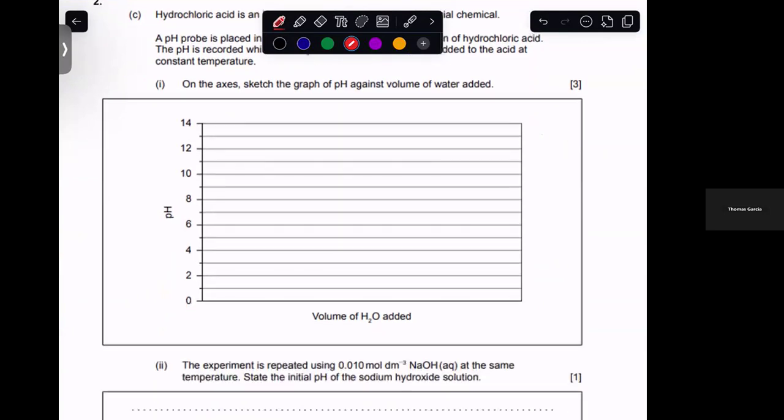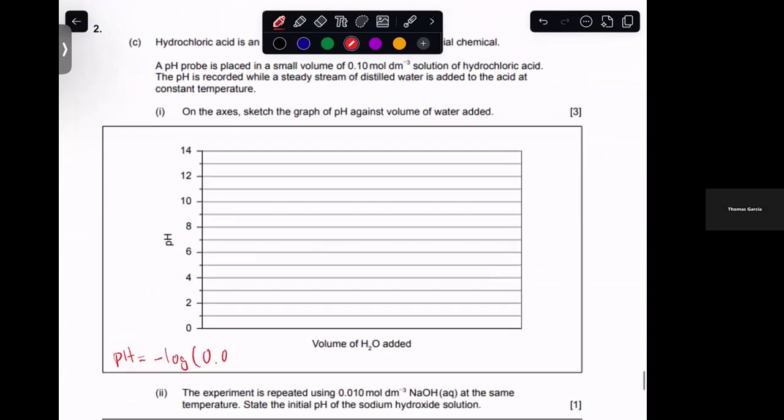Well, we start with our pH being equal to the negative log of 0.10. And we know it's set because it's hydrochloric acid, which fully dissociates into H plus and Cl minus, and that is our original concentration. That gives us an initial pH of 1.